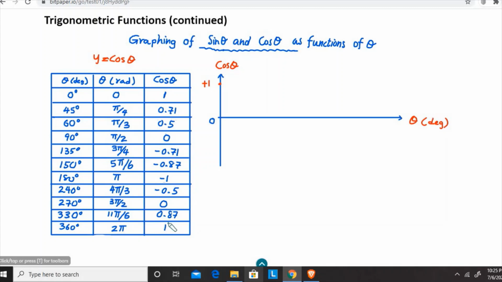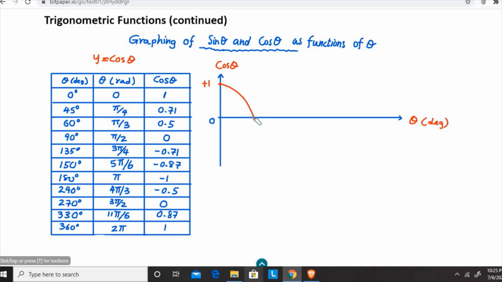So you can see the profile is different from y equals sine theta function. So it's going to look like this. It's going to decrease. And then at 90 degrees, it'll be 0.